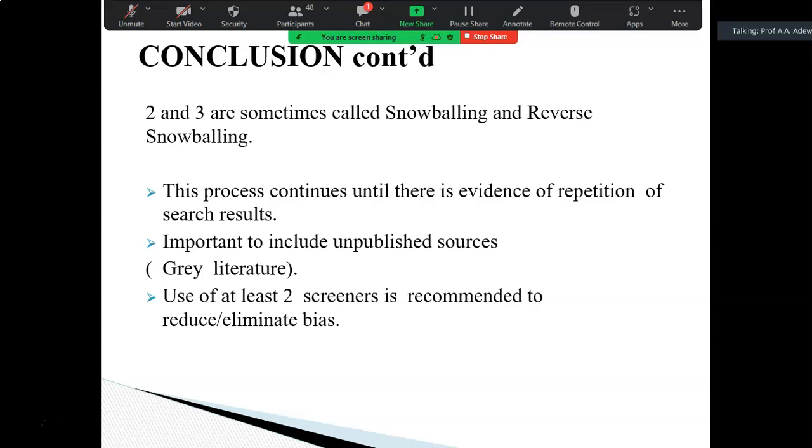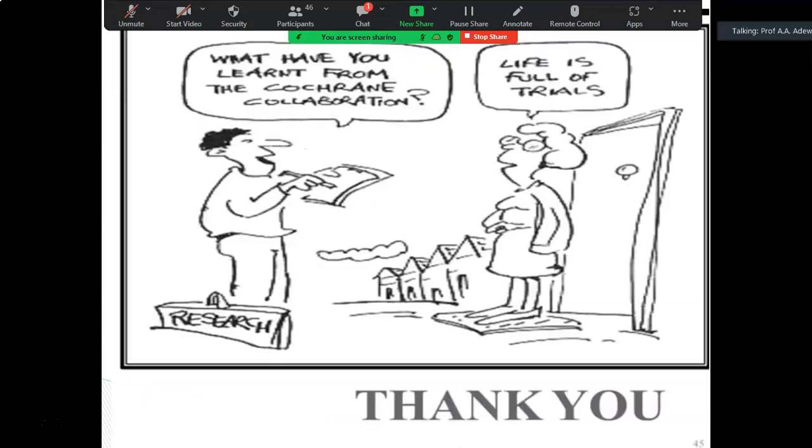You could actually find some useful things there too, because before policy formulation, studies will have been done, which will be domiciled in the Ministry of Health or any ministries that have to do with health. The use of at least 2 screeners is recommended to reduce or eliminate bias.